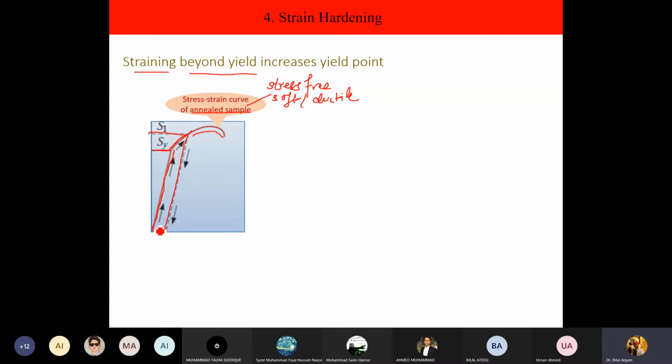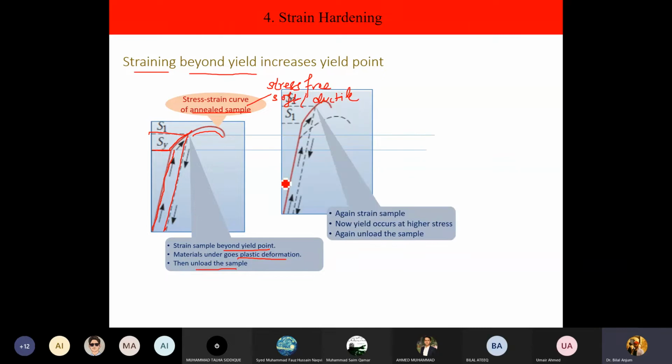So you take a sample and apply a certain stress on the material such that it goes beyond its yield point. As the material undergoes plastic deformation beyond the yield point, you unload the sample. Then you repeat the same process. You again strain the sample.